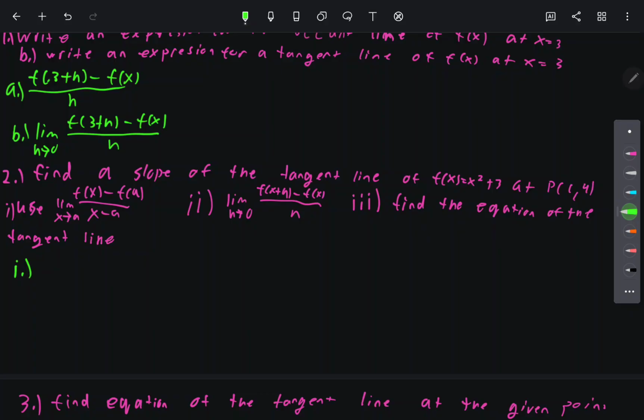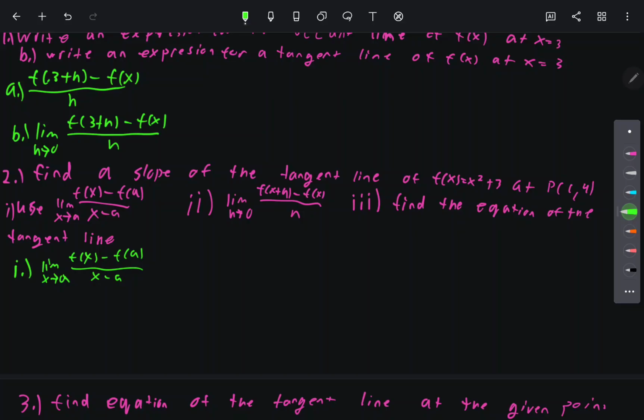We know that we want to take the limit as x approaches a of f of x minus f of a, all over x minus a.